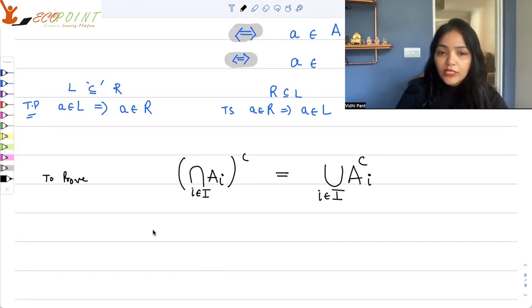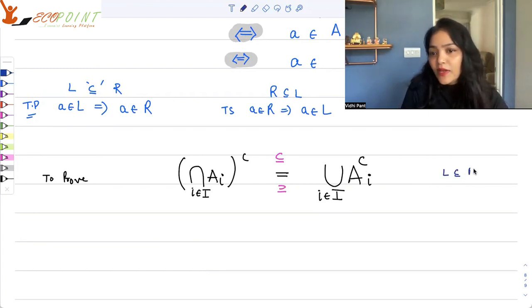So how to go about it? Again, it's equality, so you require double containment. Double containment requires left-hand side is a subset of right-hand side, and right-hand side is a subset of left-hand side.